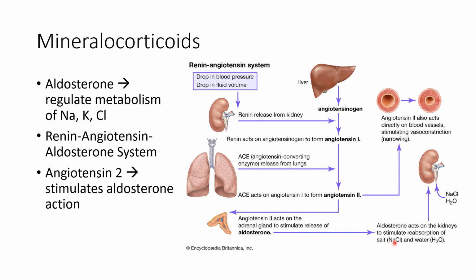So aldosterone will act on the kidneys, primarily on the distal tubules of the nephron, to stimulate the reabsorption of sodium, chloride, and potassium, and of course water, because where sodium goes, water goes.